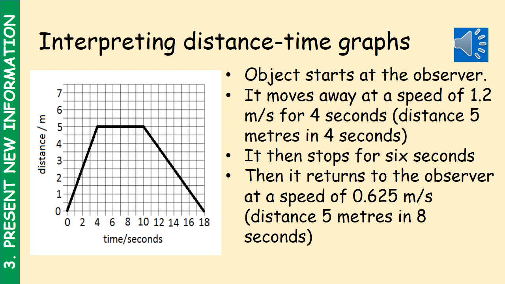So this time distance divided by time, 5 divided by 8, would give us a speed of 0.625 meters per second. Now, strictly speaking, if we were talking about velocity, that would be a velocity of minus 0.625 meters per second.